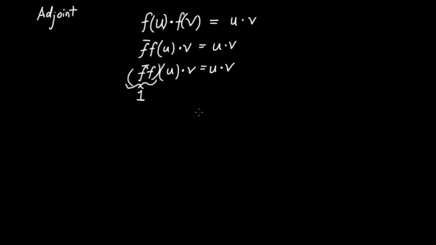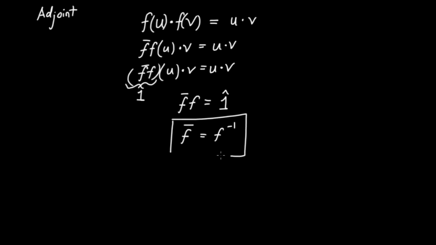So we have the condition for the orthogonal transformation f, that f bar f is equal to the identity operator, which entails that f bar must be the inverse of f. And that right there is the defining feature of what's called an orthogonal transformation.